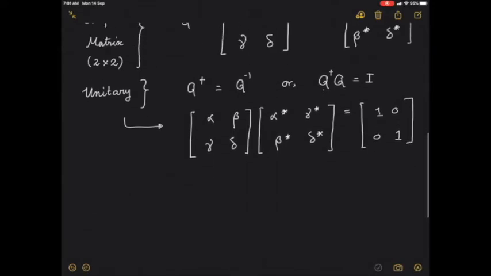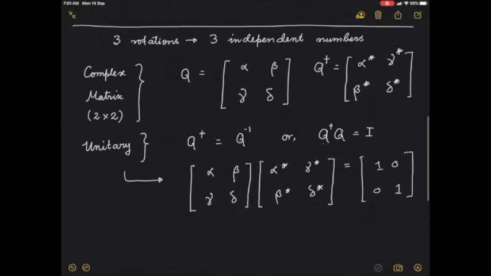So what does this give us? Well, let us see. To start with, I have 4 complex numbers, and each complex number has 2 real numbers, which means alpha, beta, gamma, delta are actually 8 numbers, right? So this is 8 numbers.